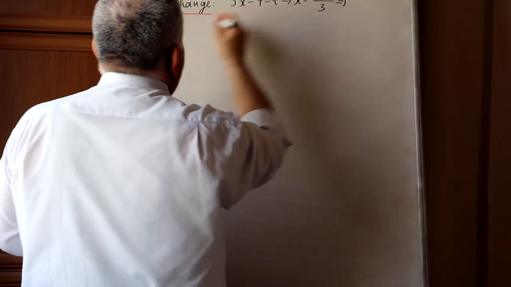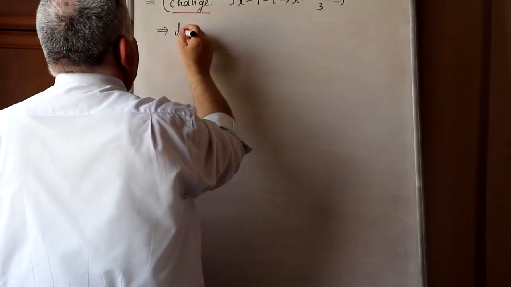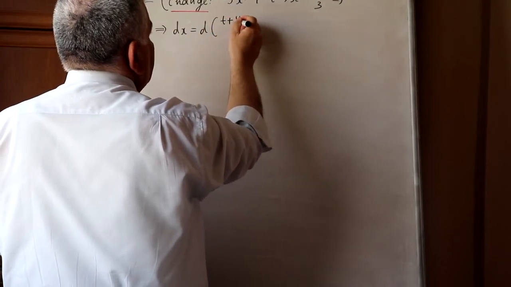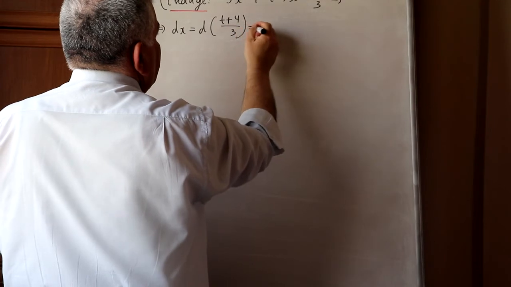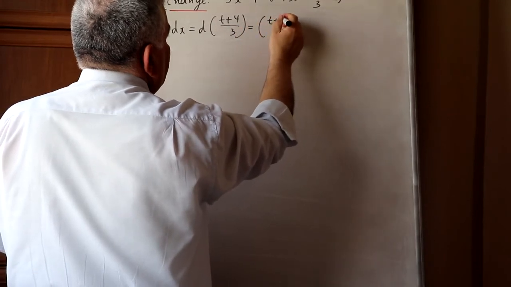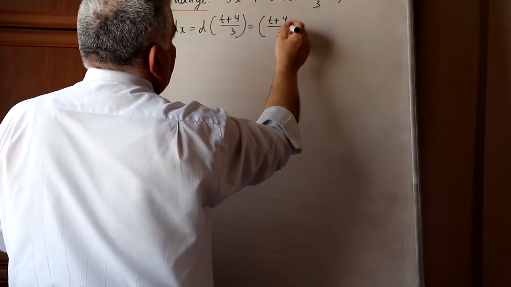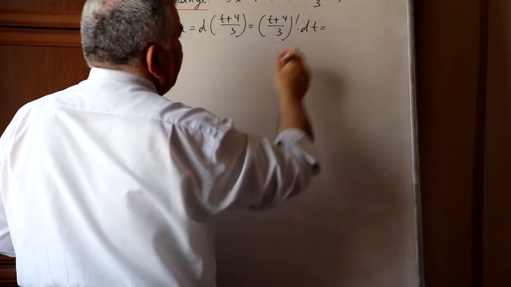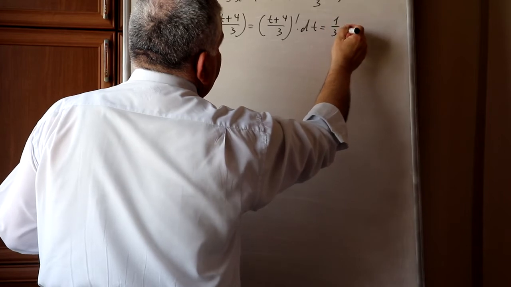Then find dx, which is equal to d of t plus 4 over 3. Then it is the derivative of t plus 4 over 3 multiplied by dt. The derivative of this expression is 1/3 dt.